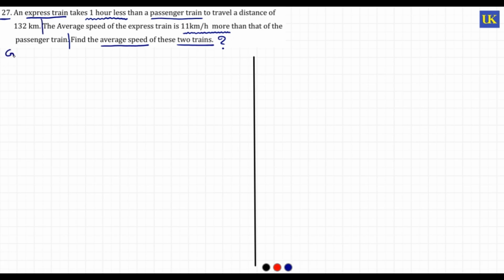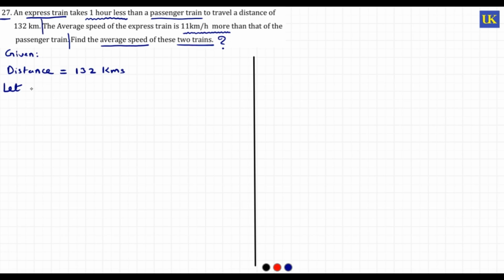So what is given, we will write now. The distance traveled by both the trains is 132 kilometers. Now what we'll do is we will let, because whatever they ask us to find, the same thing we need to let.